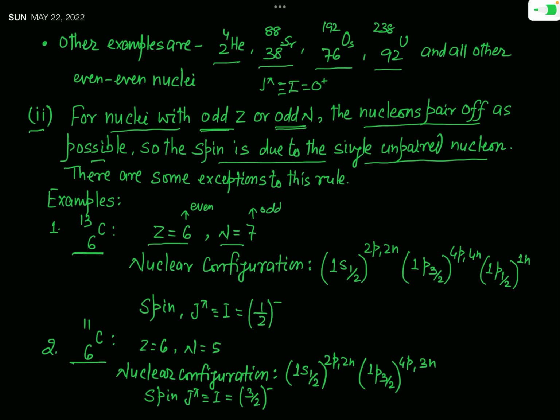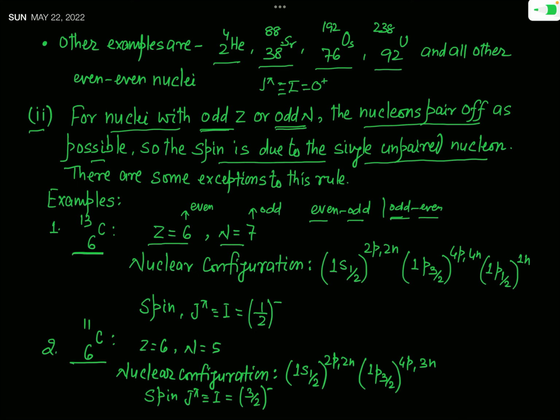So you can say that this nucleus is an even-odd nucleus, and at the same time a nucleus may be odd-even. When you say even-odd nucleus, it means Z is even and N is odd, and when you say odd-even nucleus, that means the number of protons is odd and the number of neutrons is even.